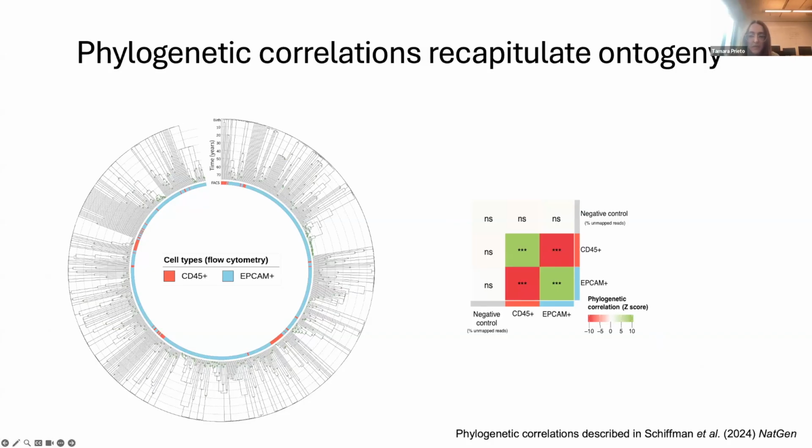Phylogenetic correlations are explained in greater detail in an earlier publication from our lab led by Josh Schiffman, but basically, a random distribution of phenotypes on a phylogeny, such as our negative control, which is the percentage of mapped reads per cell, results in a non-significant phylogenetic correlation, whereas a pattern structure will create a positive autocorrelation on the diagonal, and in case of two states, a negative cross-correlation on the antidiagonal.